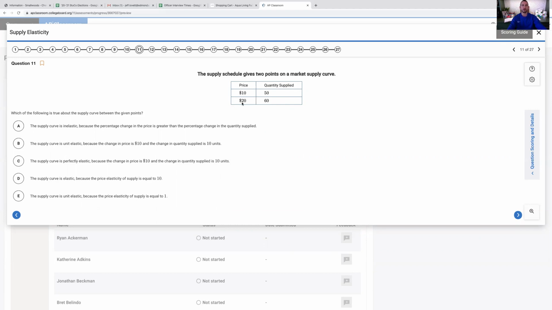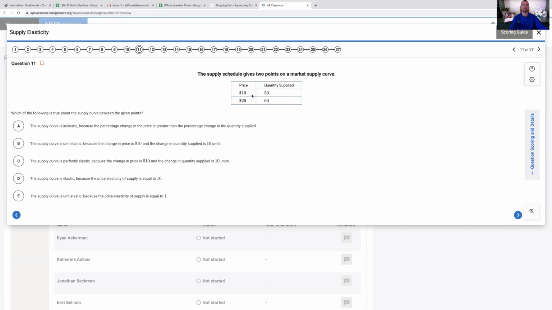Okay, so that's your numerator. Your denominator, new minus old over old. So 20 minus 10 over 10. 10 over 10, that's a 100% change. So you have 20 over 100, 2 over 10, 1 over 5. Okay, and so you have an elasticity of 0.2. Okay, so on number 11, your answer should be A, that the supply curve is inelastic because the percent change in the price, 100%, is greater than the percent change in the quantity supplied, which is 20%.